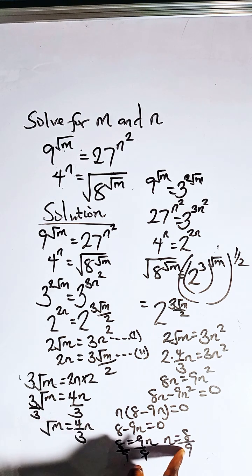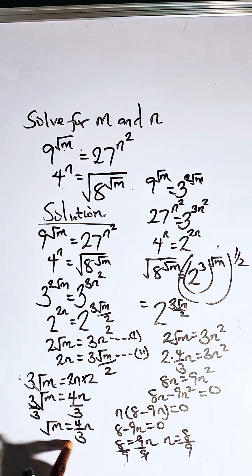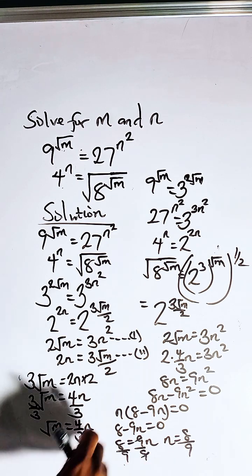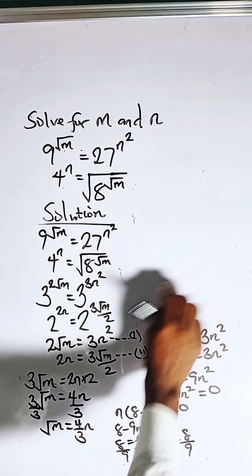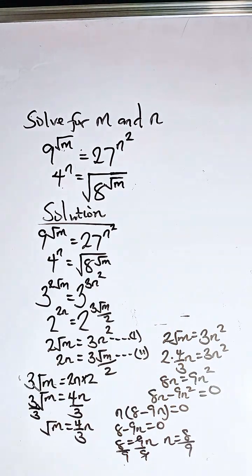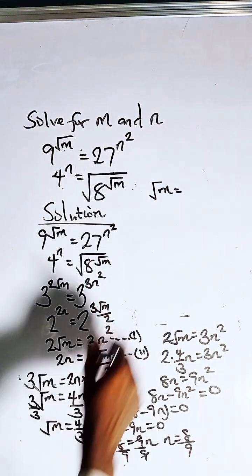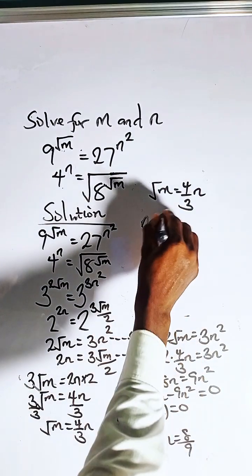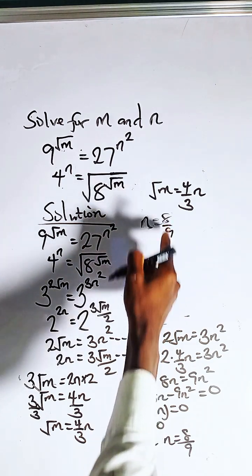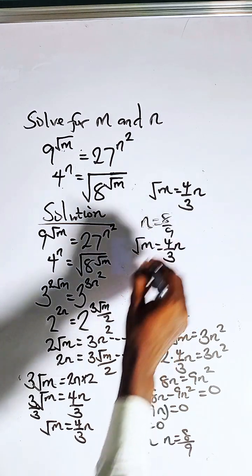Let us substitute the value of n back into root m equals 4 over 3n, where n equals 8 over 9.